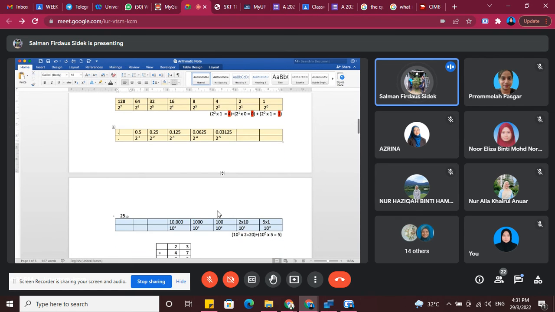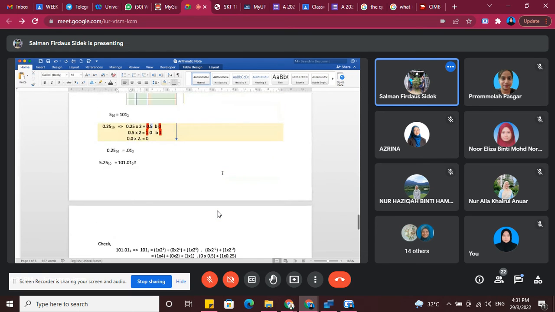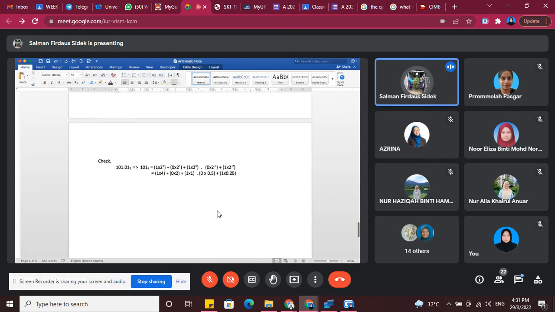Tadi kita ada sampai 0.25, sebab dia 2 titik perpuluhan saja. Okay, so kita teruskan lagi. So yang ni kita dapat 4 campur 0 campur 1 point 0 campur 0.25.